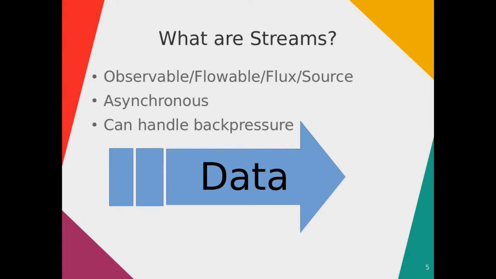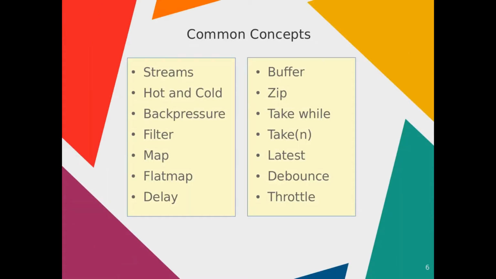It's asynchronous and, as I mentioned, can handle back pressure. Common concepts between all reactive stream libraries are, of course, the stream, the concept of hot and cold, and methods like filter and map, which I'll talk about.